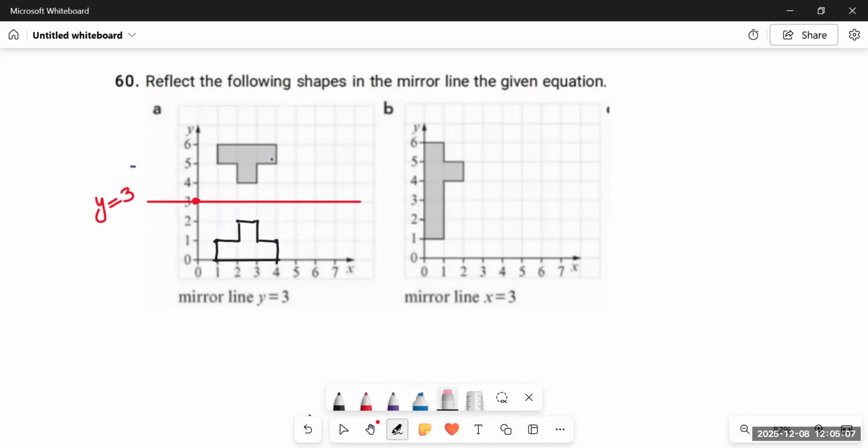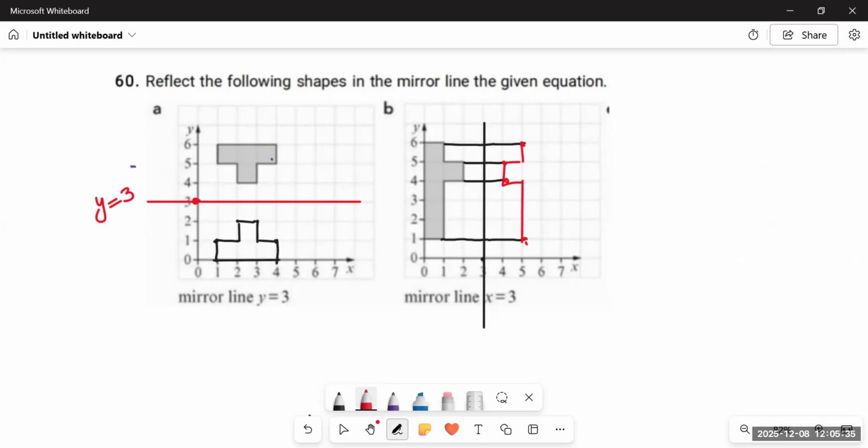And same thing here, if we talk about this one, here the mirror line is x equals 3. So this point is x equals 3. We will draw a line here, and then with the same distance, 1, 1, 2, 2. So we will first plot the points 1, 2, 3, 4. So it would be like this. Okay.